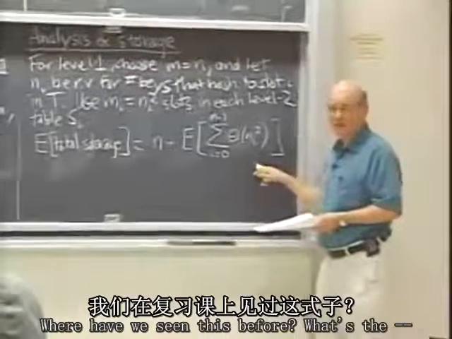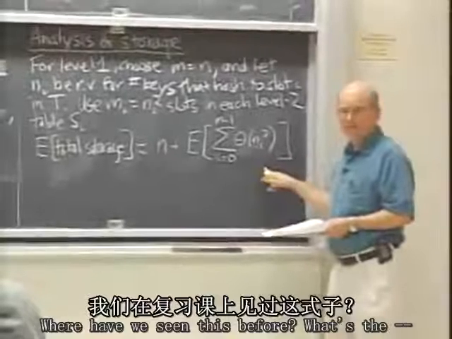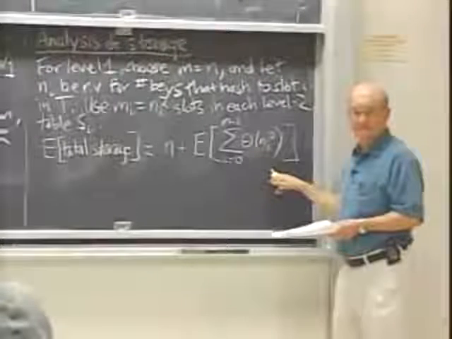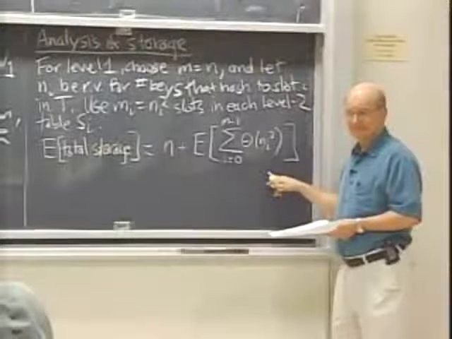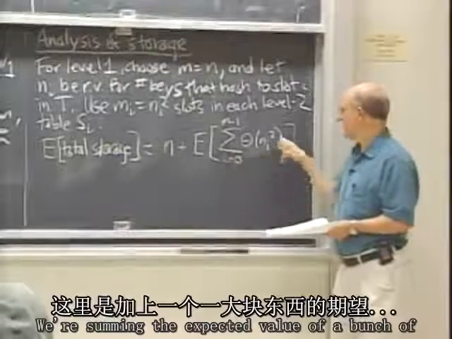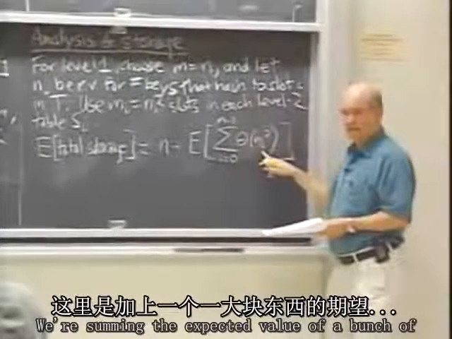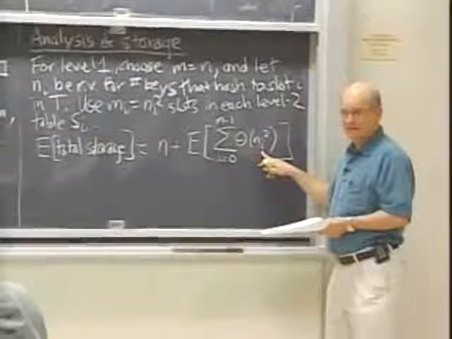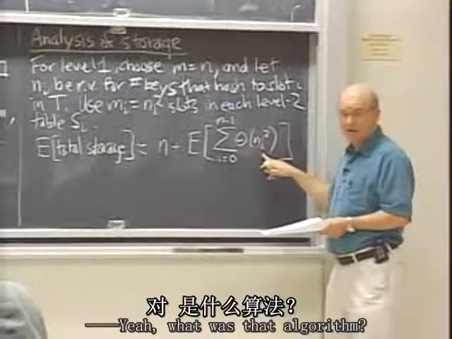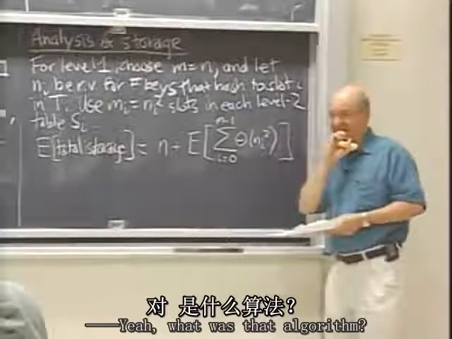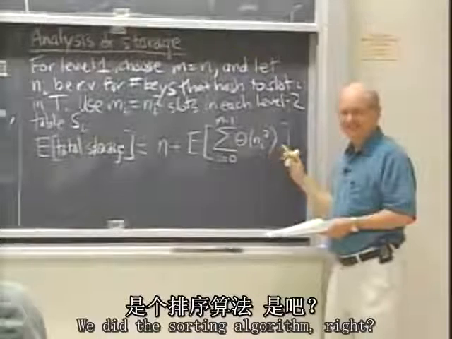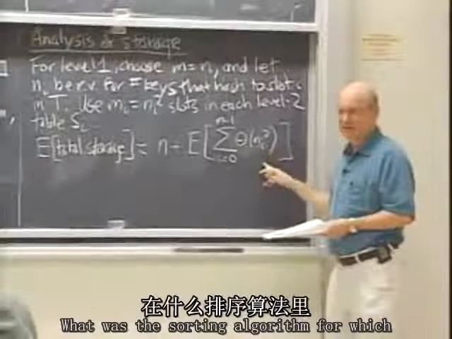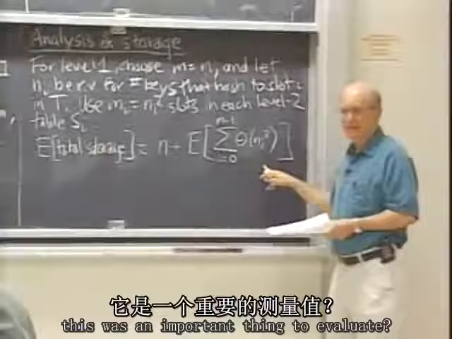We're summing the expected value of a bunch of... Oh, yeah, what was that algorithm? We did a sorting algorithm, right? What was the sorting algorithm for which this was an important thing to evaluate?